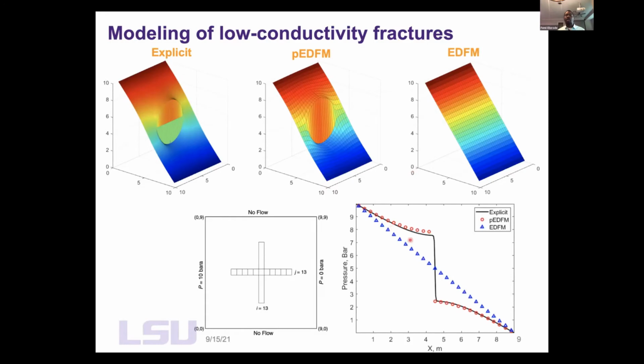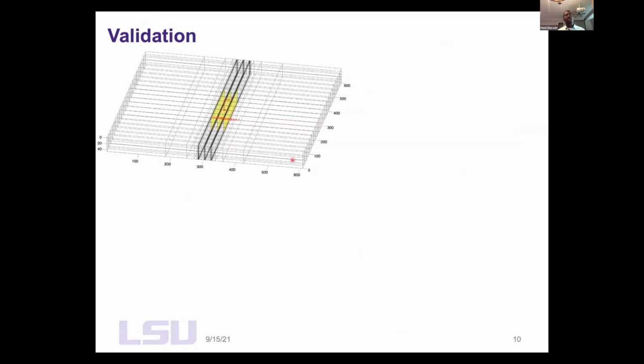And these also show the same thing. The reference solution is in black, red pretty much follows the trend, which is the pEDFM, and EDFM doesn't see it. So here we see the effect of low conductivity fractures on the pressure profile. The next question is, what is the effect of these low conductivity fractures on production? So for that, we created a different case.